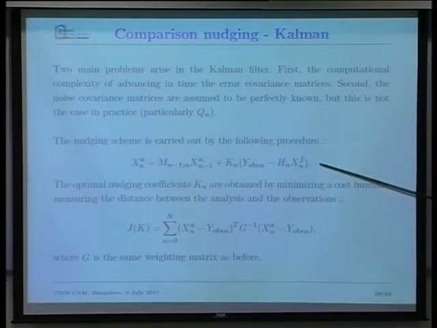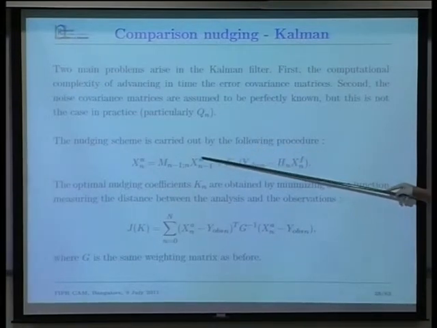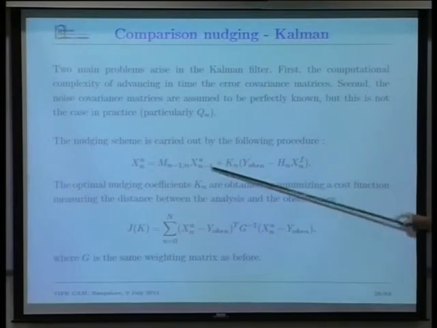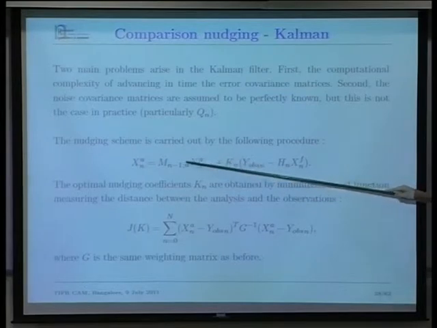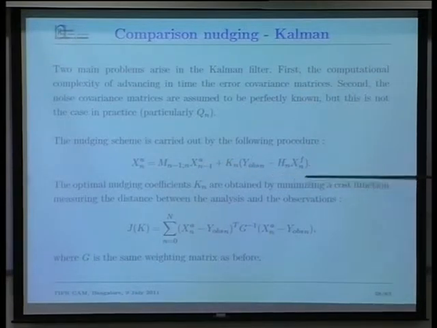So if we try to write the nudging scheme like the Kalman filter: from the state at time tn minus 1, you get to the time tn by applying the model F, so here matrix M, and you add the nudging term here.